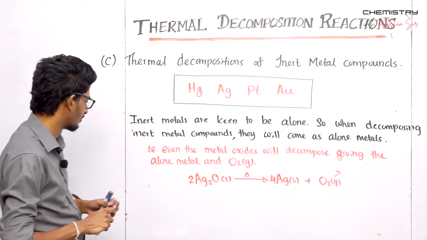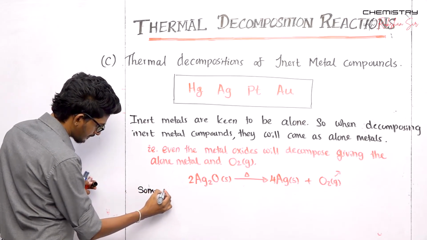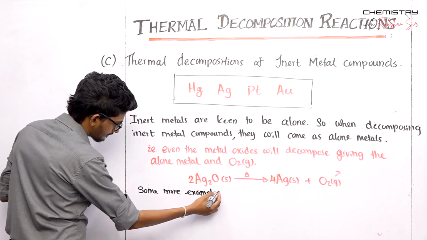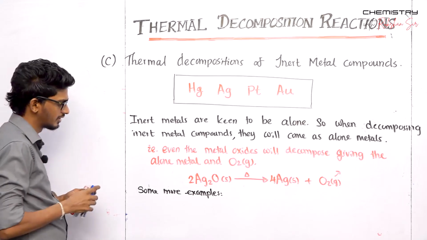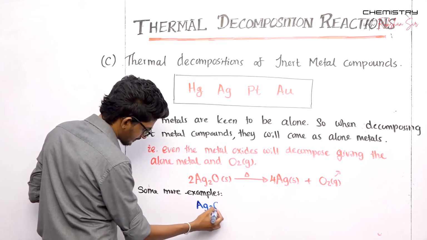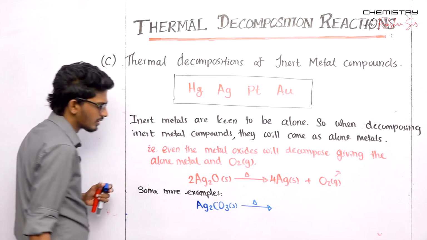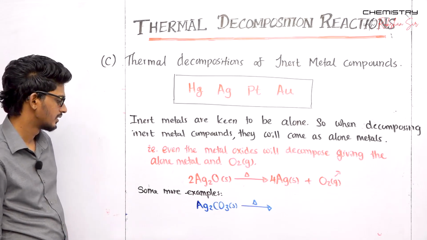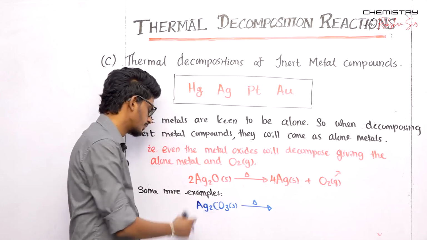Some more examples. Let's think of the decomposition of silver carbonate. So what will happen? If it was a moderately active metal, it should give the metal oxide and the CO2.